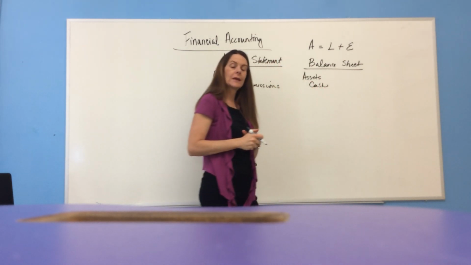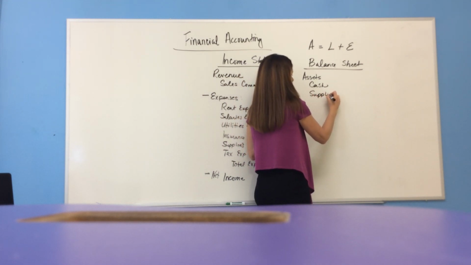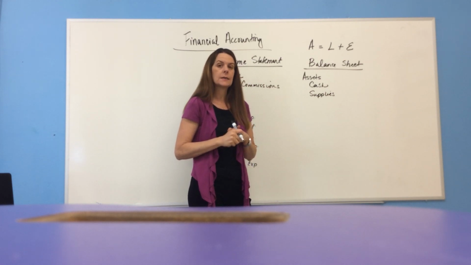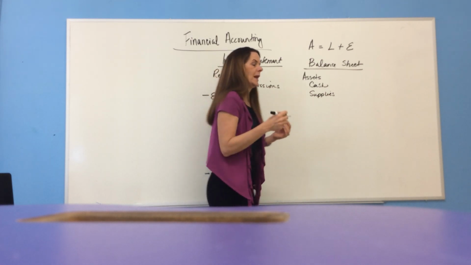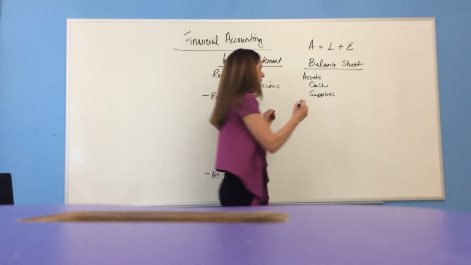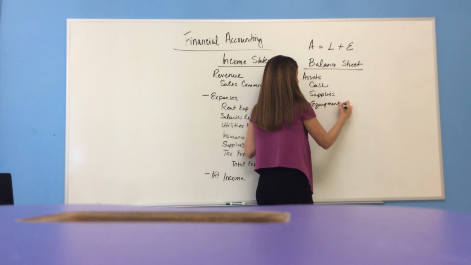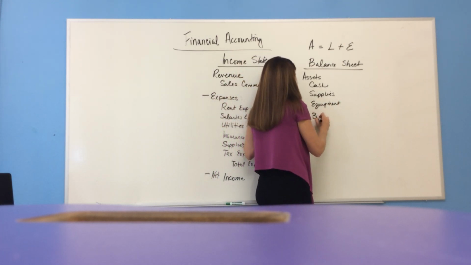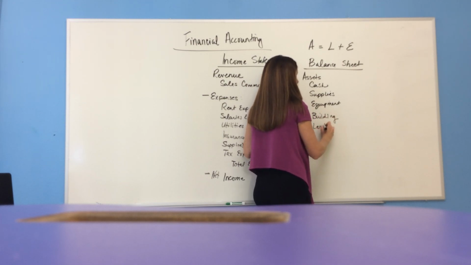So I'll write that there, cash. Then you might have supplies. I mentioned those before, supplies, that would be an asset to you. And then if you are a larger company, you might have a truck or a piece of equipment that you use. So I'll write equipment. If you're a bigger company, you might own a building, so I'll write that down. And you might own the land that's under the building.